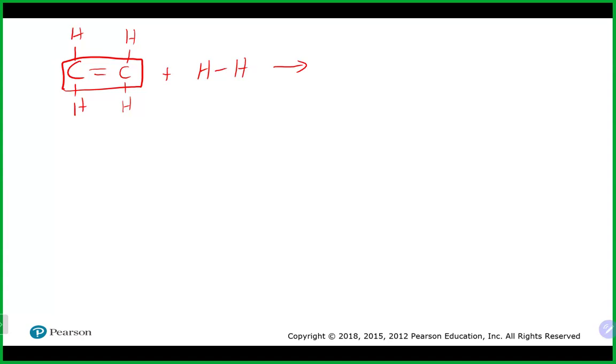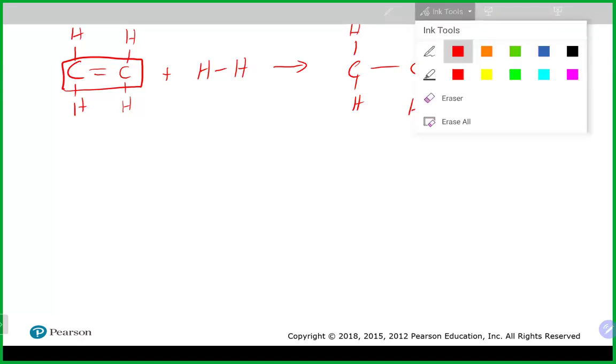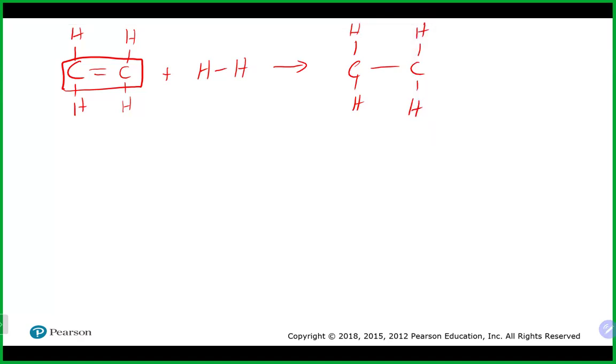Remember, nothing else changes other than making the double bond into a single bond. That opens up some real estate for the hydrogens that are going to come in. The thing coming in will always add to different carbons, never the same carbon.